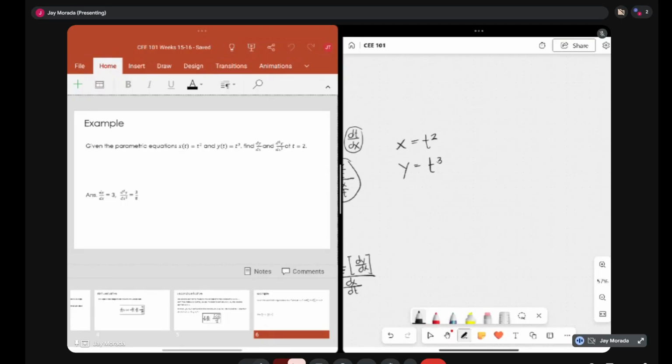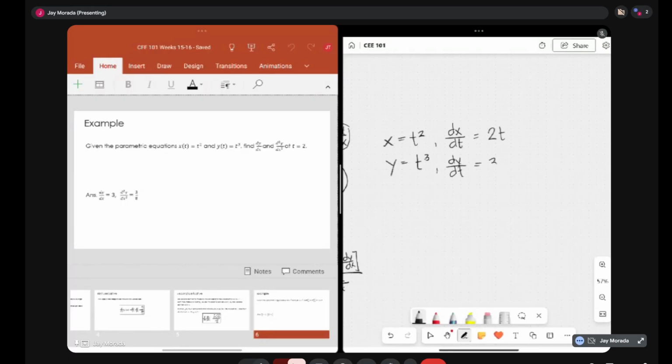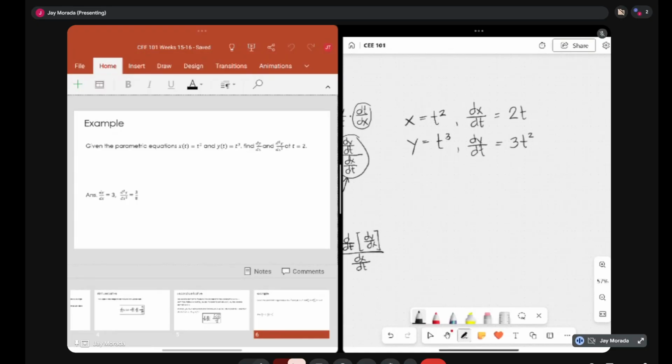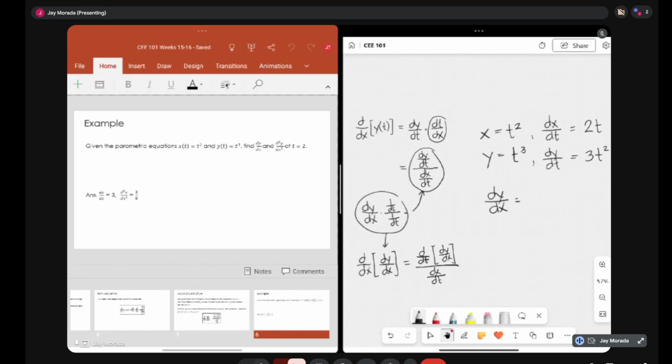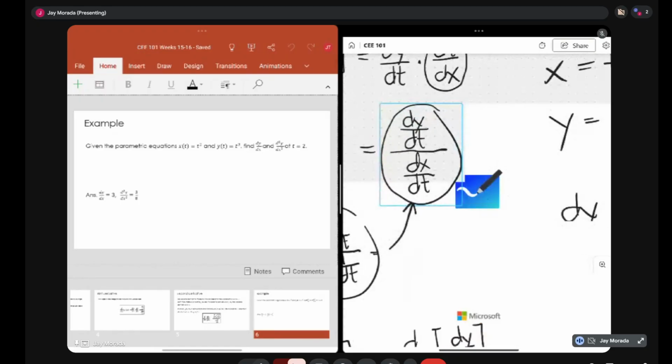So first we have to find their derivatives. dx dt is equal to 2t and dy over dt is 3t squared. Next, we can now find the dy over dx. That is simply the fraction of dy over dt over dx over dt.